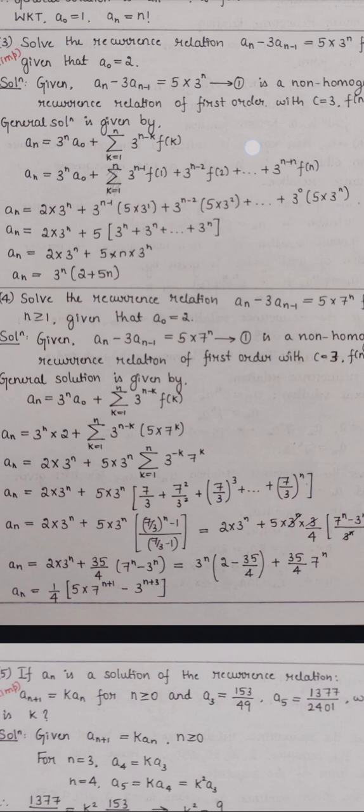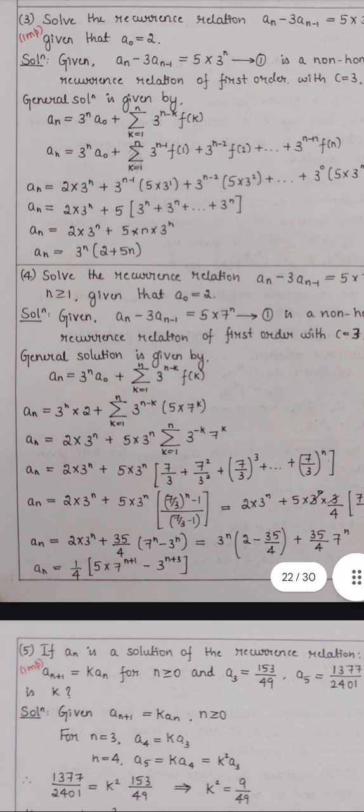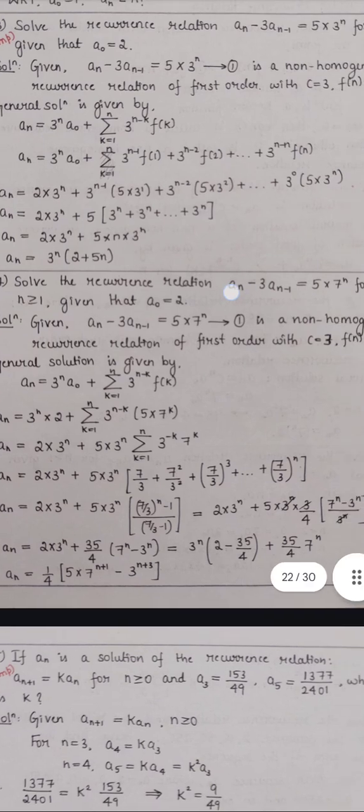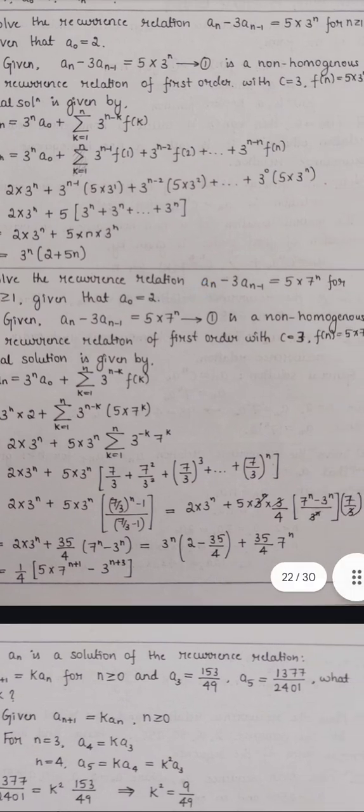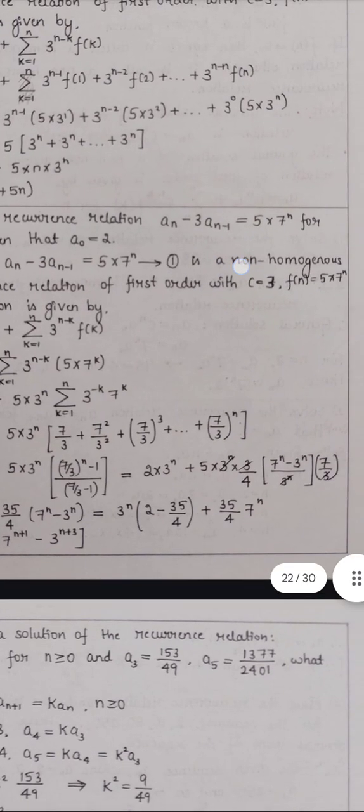So 2 into 3 power n plus 5 into 3 power n, and then what they have done is they have taken LCM on both sides, which becomes 7 power n minus 3 power n by 3 power n. Here also 7 minus 3 becomes 4, so 4 will be there, then 3 will be there.